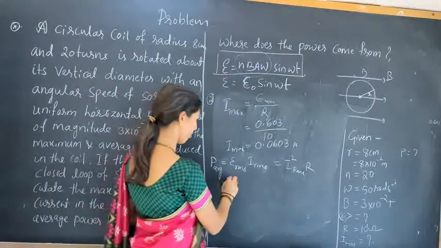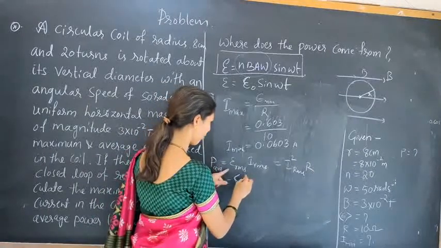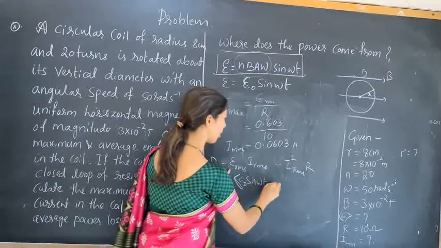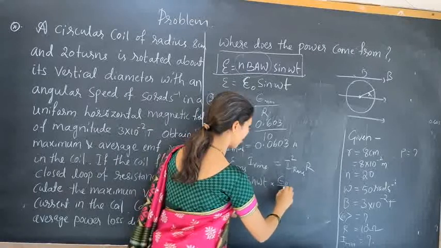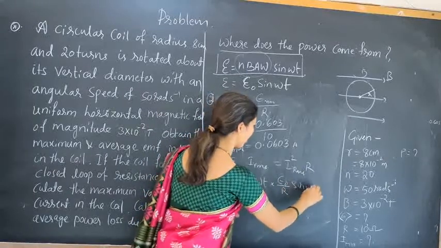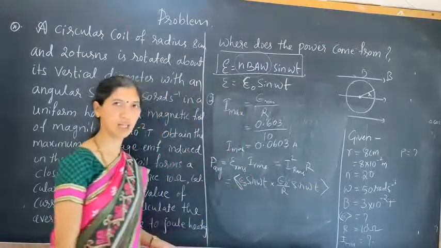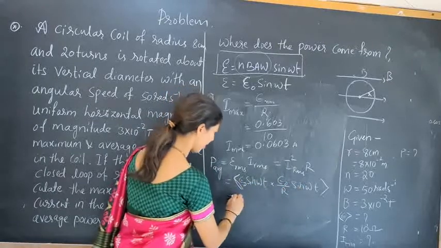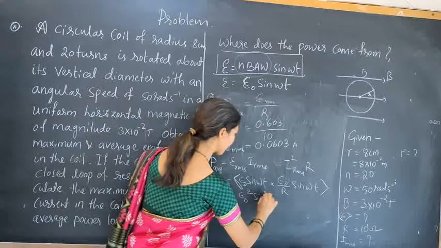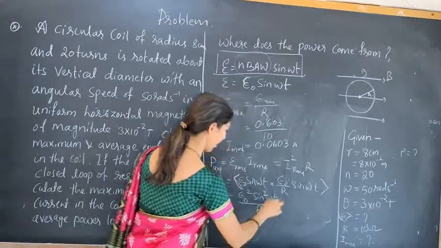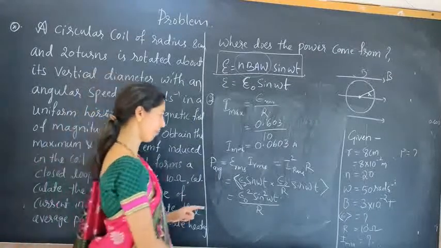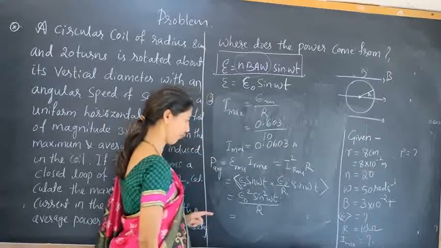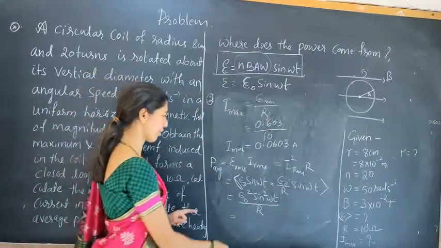Now you substitute this value. E RMS is the average value of E naught sin omega t, into I RMS, which is E naught divided by R sin omega t. So it is E naught square sin square omega t divided by R. Now you just substitute the value.